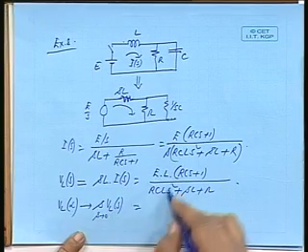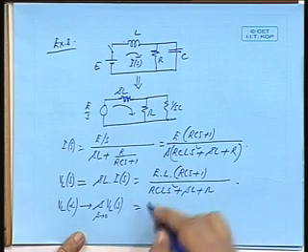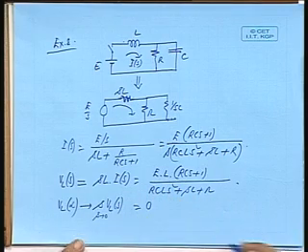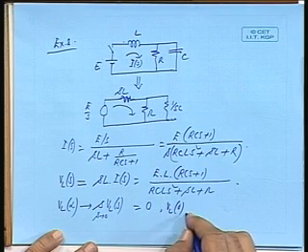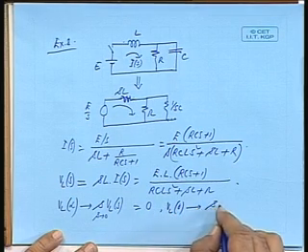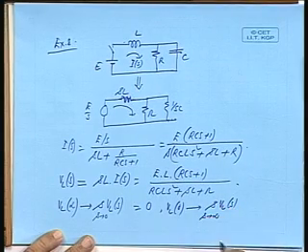So, if I multiply this quantity by S and put S equal to 0, the whole thing will become 0. If I want to compute VL at 0, then I will compute S times VL(s) at S tending to infinity.